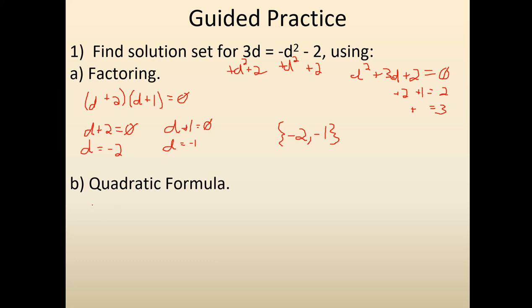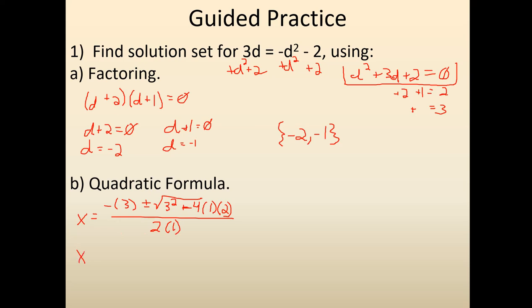Now for the quadratic formula. Again, I'm using this standard form of the quadratic. So it's negative b, which in this case is 3, plus or minus the square root of b squared, which is 3 squared, minus 4 times 1 times 2, all over 2 times 1.